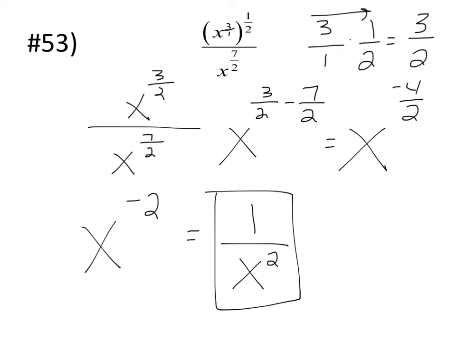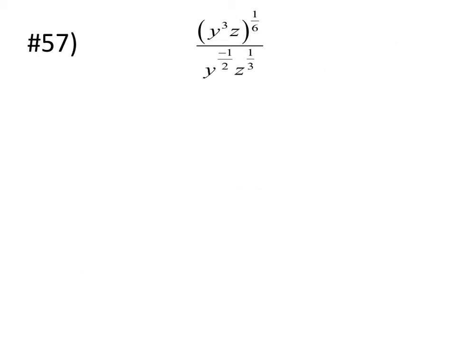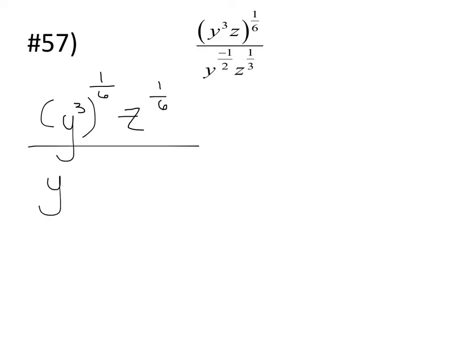Alright, so here I've got each piece of the numerator needs this 1/6, so it's going to be y cubed to the 1/6 times z to the 1/6 all over y to the -1/2 z to the 1/3.